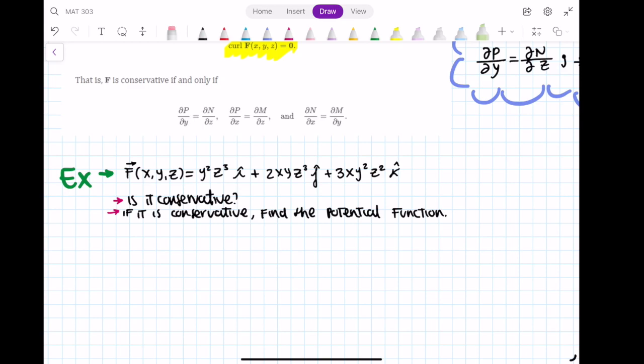So we need to see if this vector field is conservative, and if it's conservative, get the potential function.